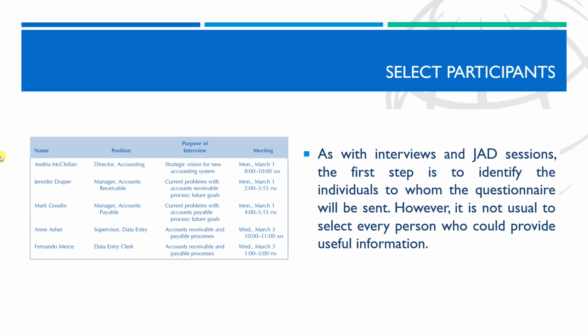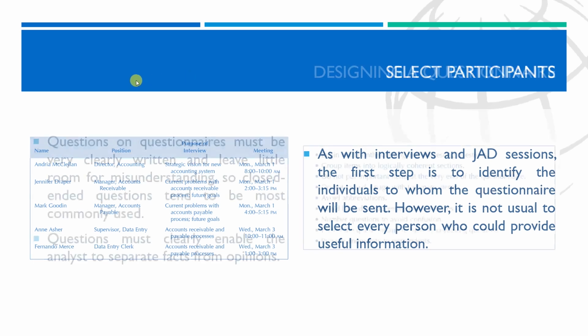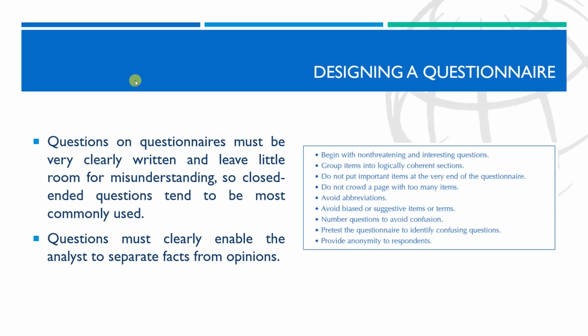The next step is designing a questionnaire. Because the questions on a questionnaire cannot be clarified for a confused respondent, developing good questions is critical for questionnaires. Questions on questionnaires must be very clearly written and leave little room for misunderstanding.